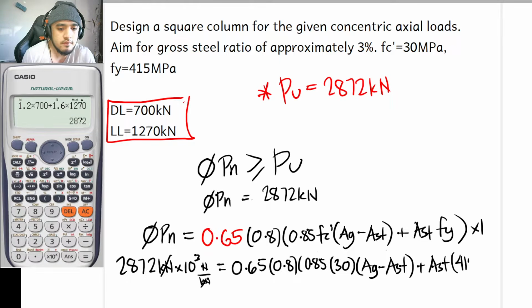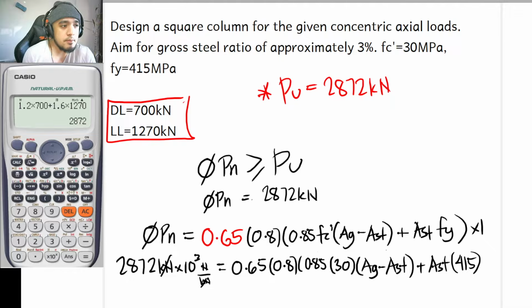As you can see, we cannot solve for this right away because we still have two unknowns, AG and AST. In order for us to solve this equation, we must have only one unknown. And if we have two unknowns, we must have a minimum of two equations. So let's create a new equation to substitute here and solve for AG and AST.